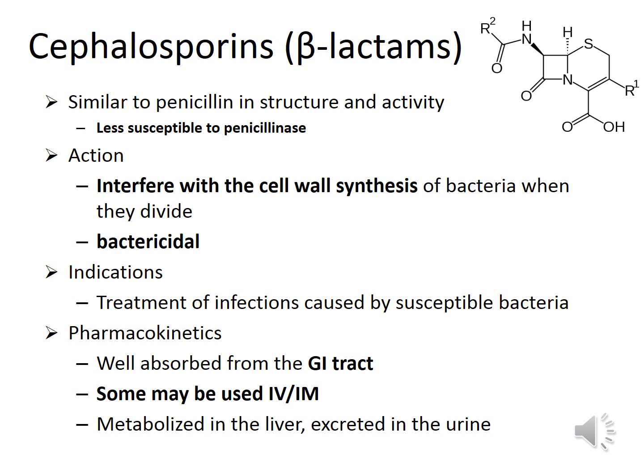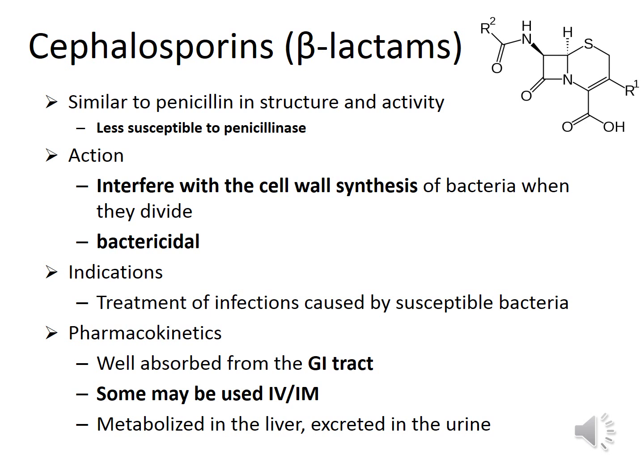So much like penicillin, they interfere with the cell wall synthesis because, just like penicillin, they inhibit the transpeptidase enzyme. And so again, they're bactericidal because they destroy that cell wall integrity. The indications for these are treatment of infections of susceptible bacteria, and I don't list those at this point because there are different generations that have many different susceptibility patterns.